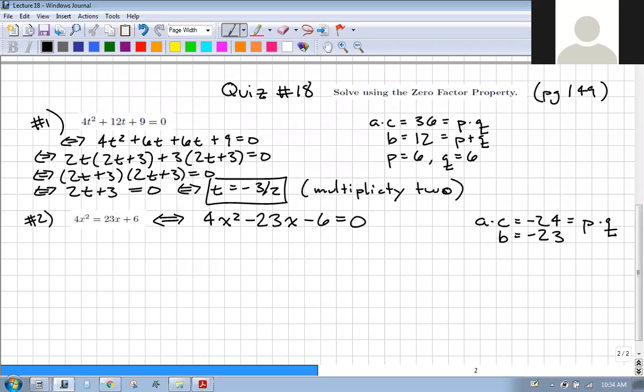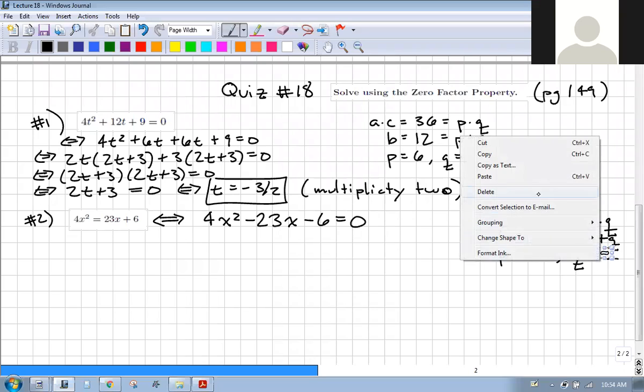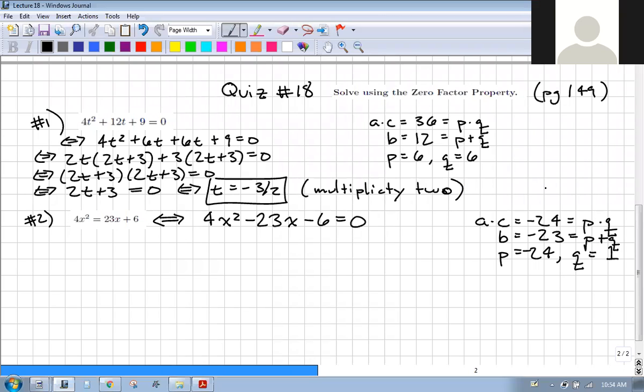B is a negative 23. So how about negative 24 and a positive 1? Yeah, that'll work.